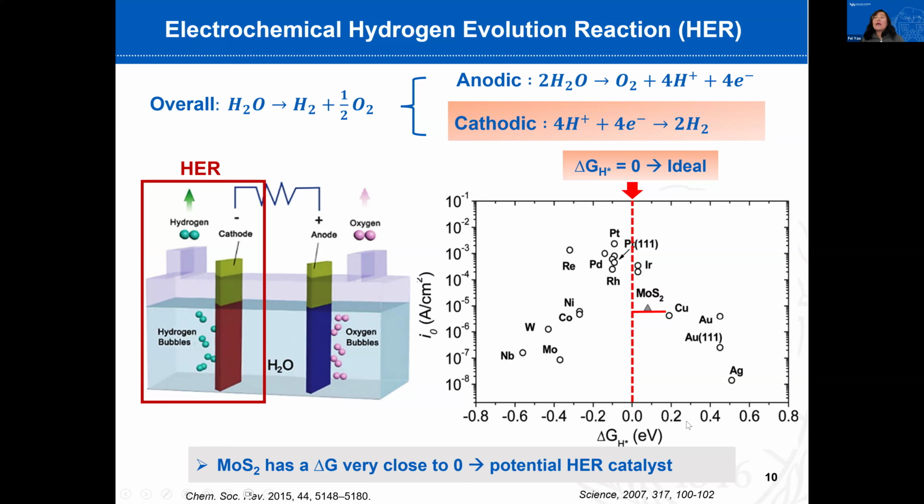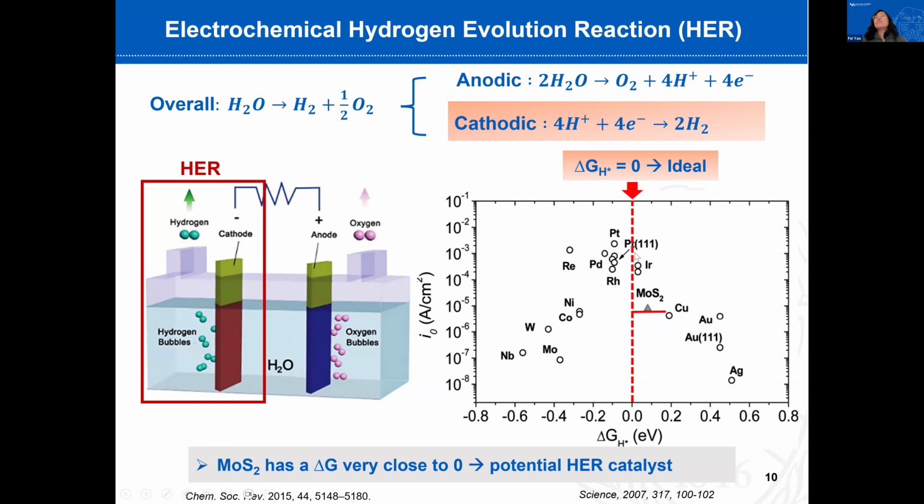As we can see, the best material, which is known to be platinum-based, noble metal-based material, shows a hydrogen adsorption energy close to zero, because such medium interaction between the reaction intermediate and the catalyst will benefit the adsorption and the desorption process.